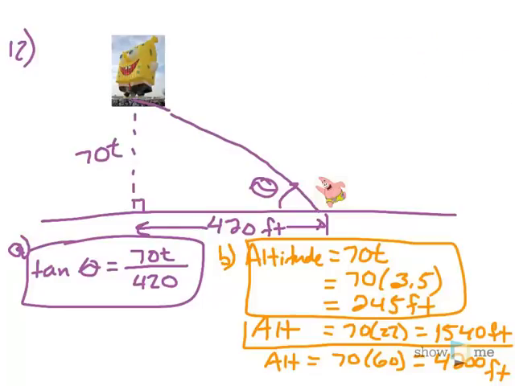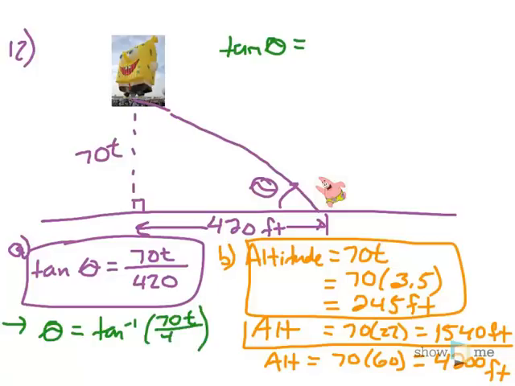Should be pretty simple. So the first one here, if we take tangent of theta, tell you what, let's do this first to make this simpler. If I get theta by itself here, I would get theta equals tangent inverse of 70t divided by 420, where 70t, once again, is the altitude.